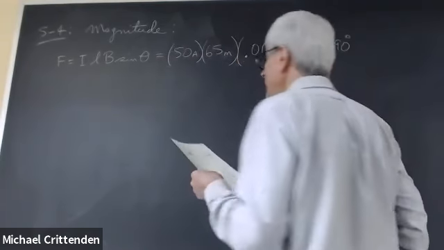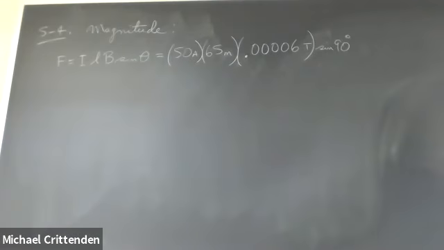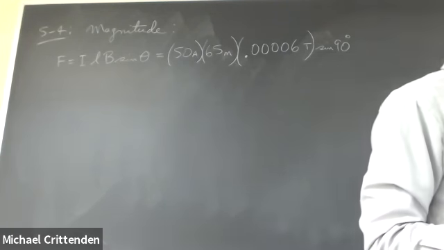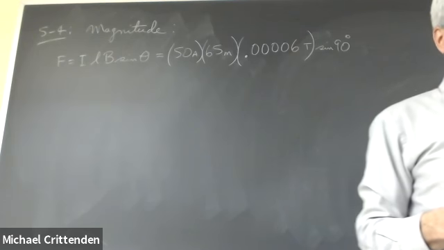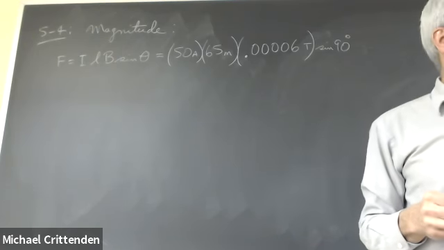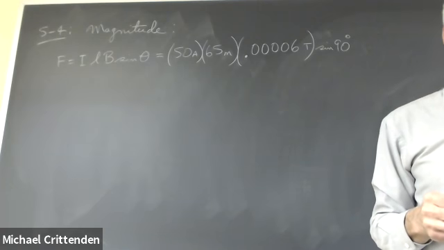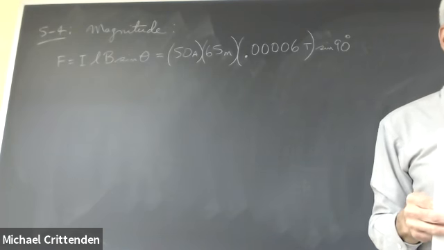As for the angle theta, well, the question says that the current is flowing in the x direction, and the field points in the z direction. X is perpendicular to z. Theta is the angle between the field and the wire.